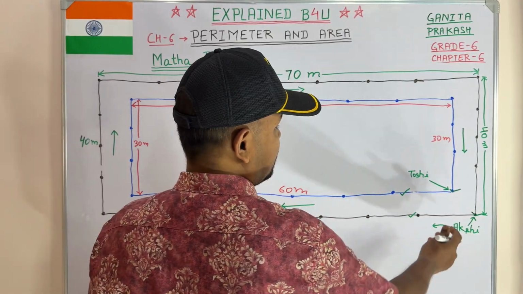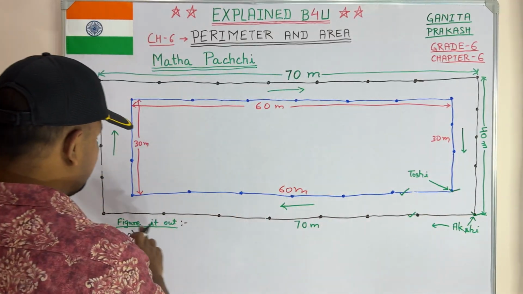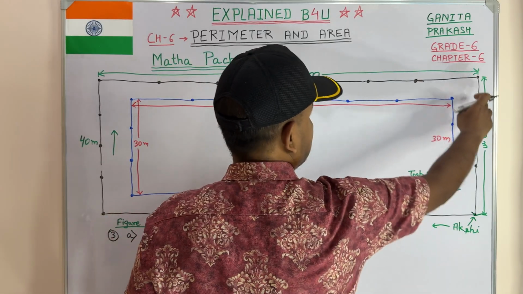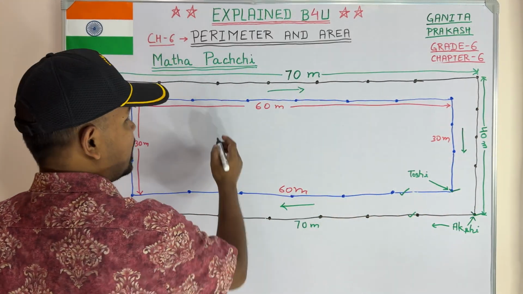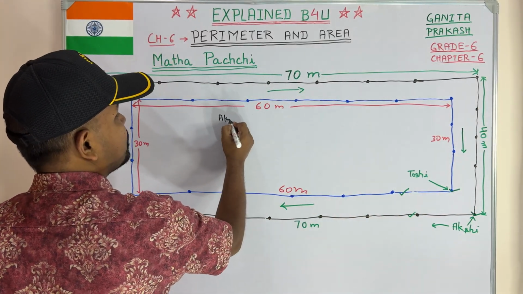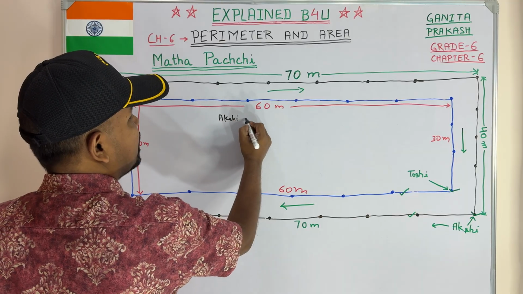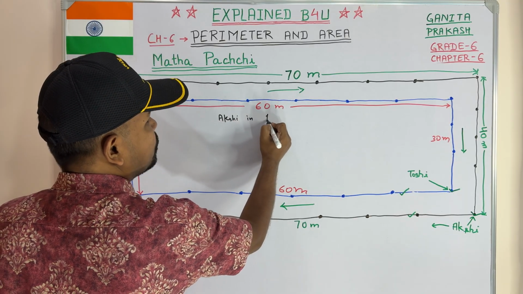So, from here if she starts and covers the total distance in one round, how much is Akshi covering in one round?